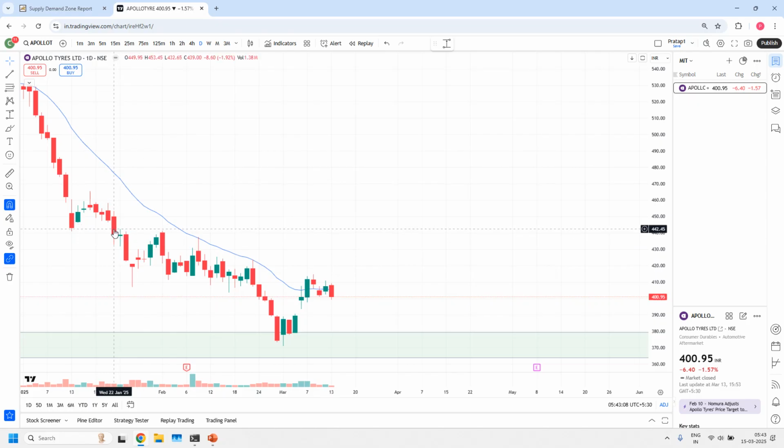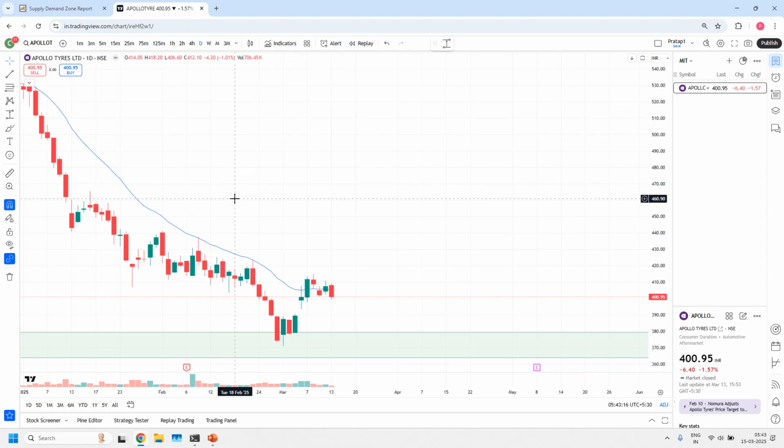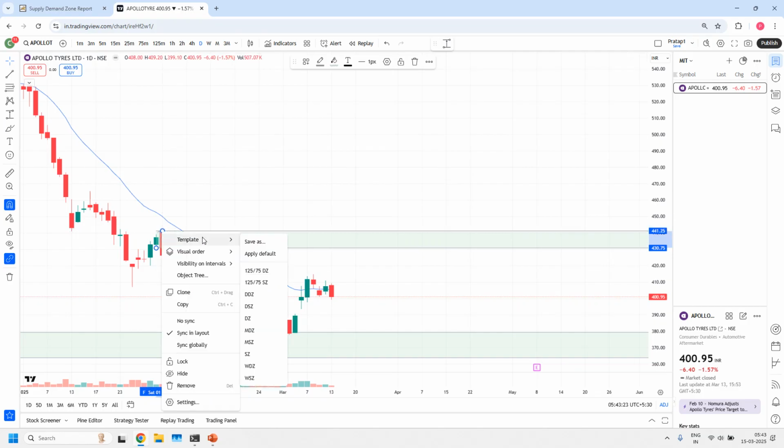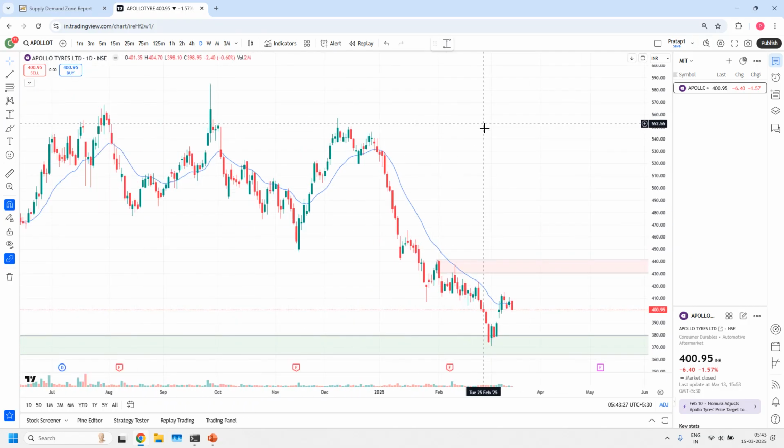Here you have the supply zone somewhere here. Yeah, here, rally base drop. Rally base drop. So let me draw. So this is the daily supply zone.